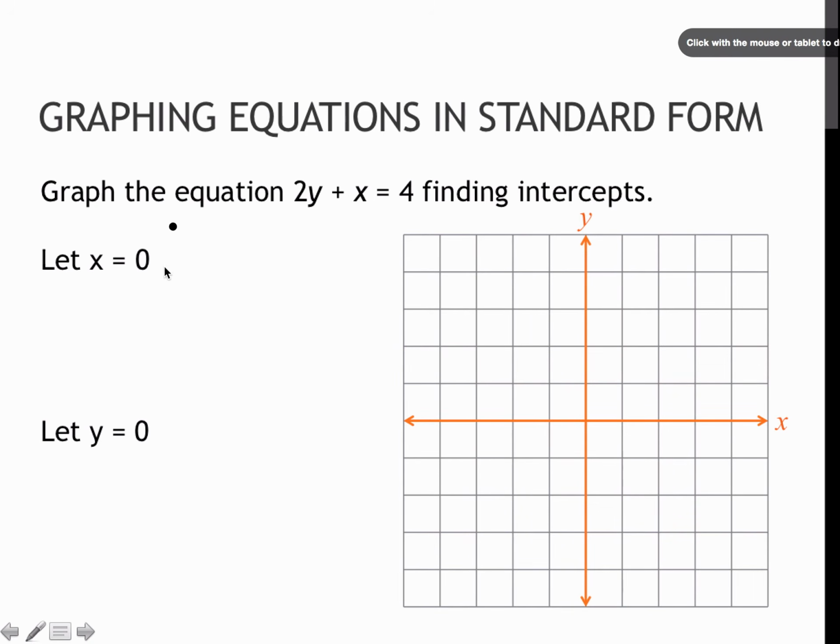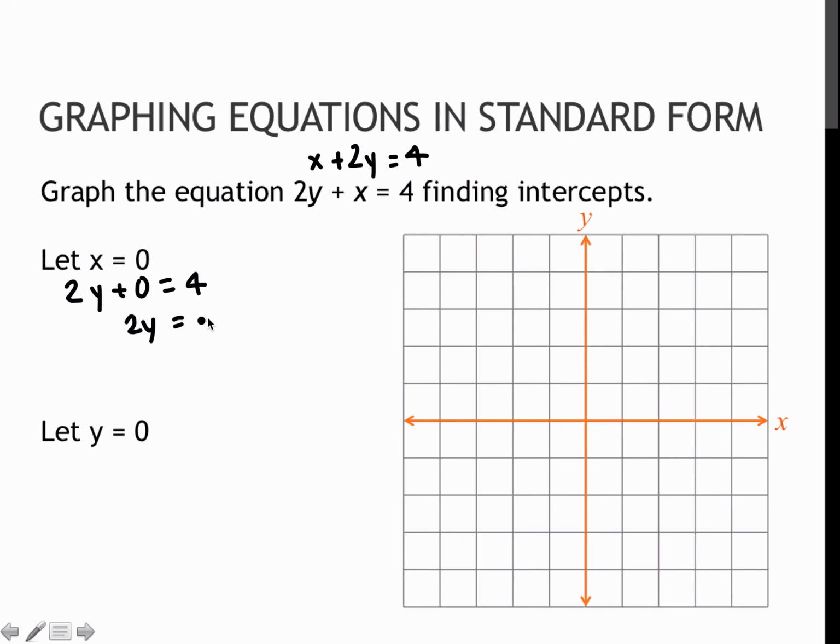Let's do the same thing for this one. I'm going to let x equal 0. Again, if you feel better about it, you can certainly put the x before the y. Notice I kept both positive because both were positive to begin with. I'm going to let x equal 0, so 2y plus 0 equals 4. 2y plus 0 is just 2y, and divide by 2 to get y equals 2.